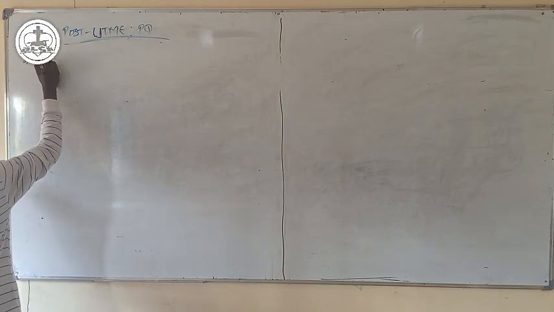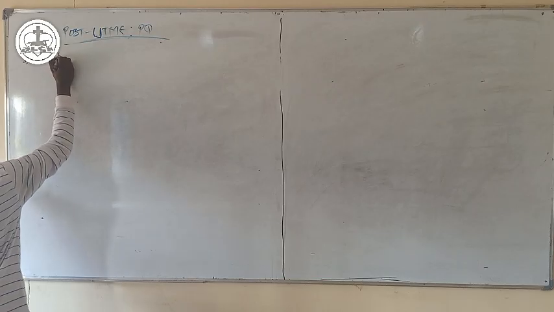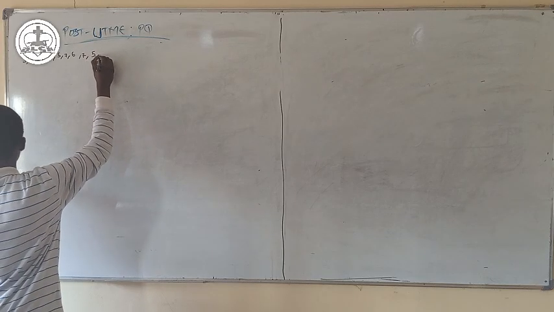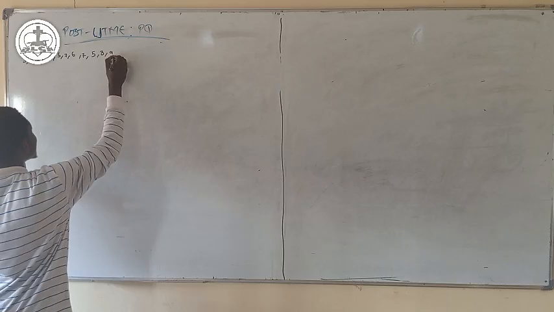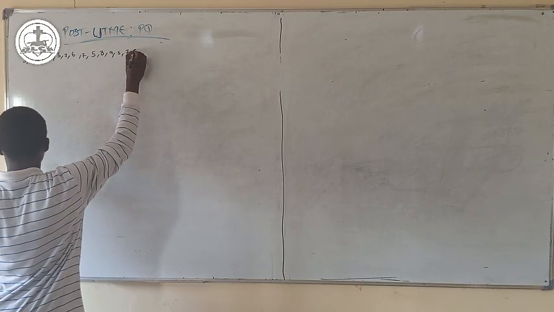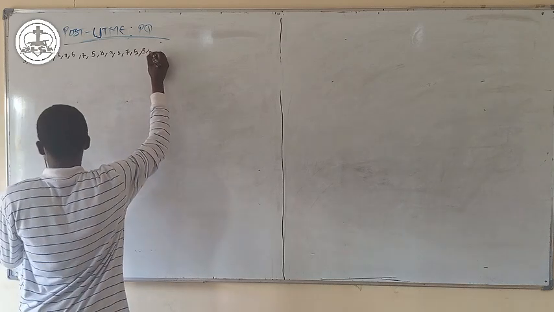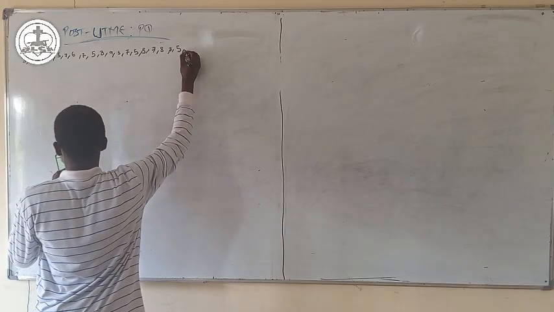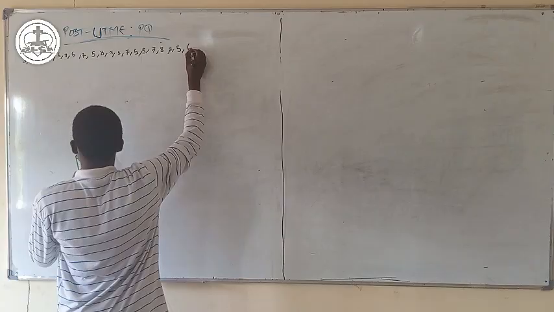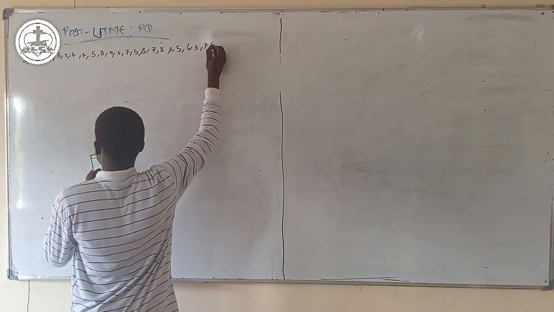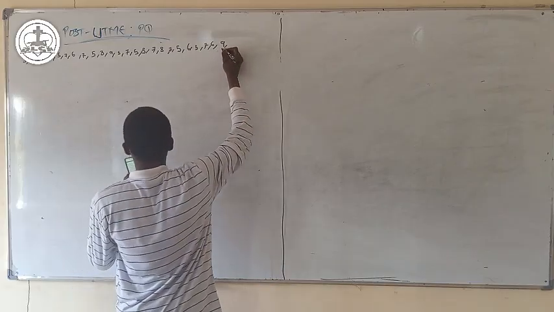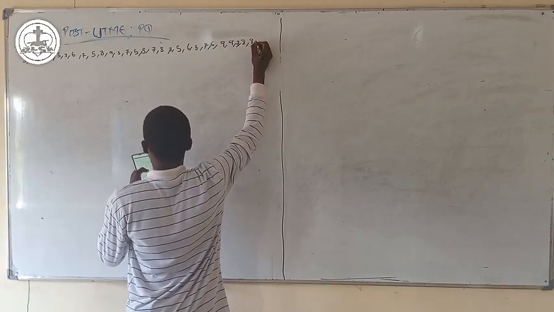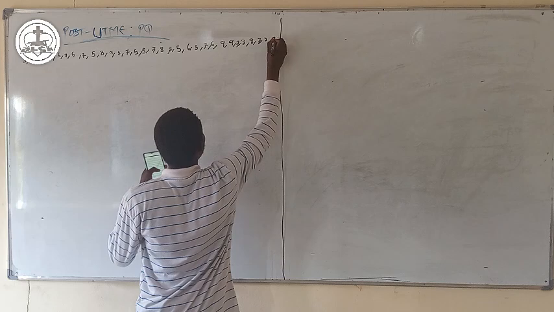We say the weights are, they give us 6, 9, 5, 7, 6 again, 7, 7, 5, 8, 9, 5, 7, 5, then 8, 7, 8, 7, 5, 6, 5, 7, 6, 9, 9, 9, 7, 8, 8, 7, 8, 9, 8.